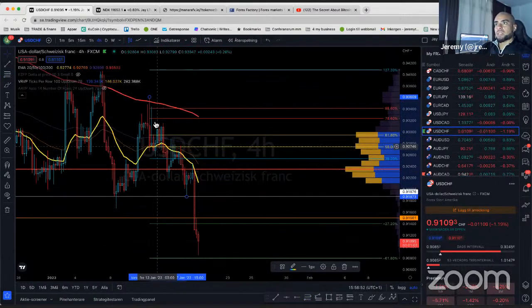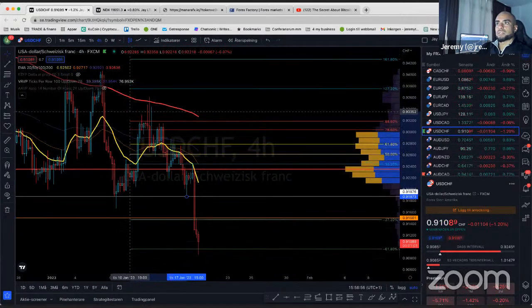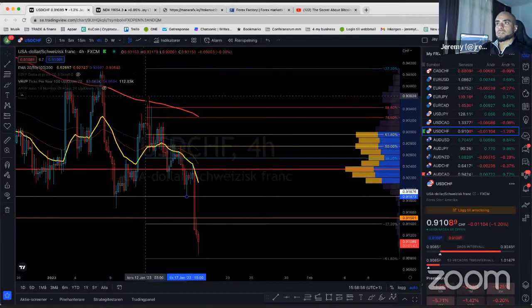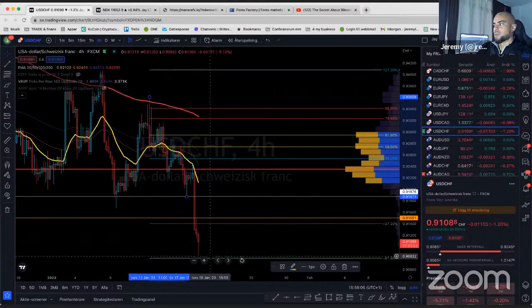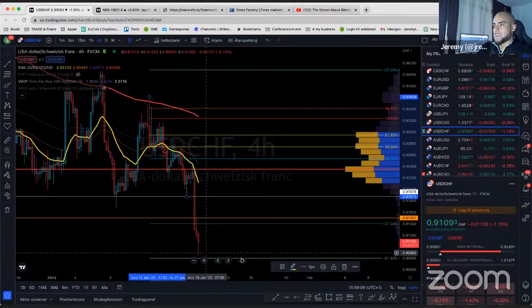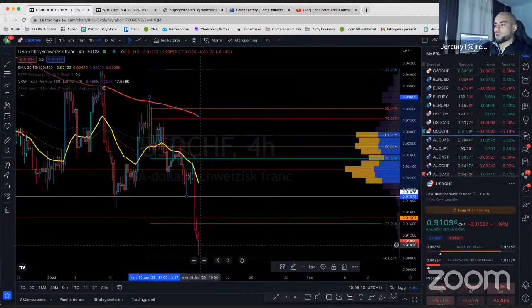And the market came and almost touched it. Now let's see if we look at this. This is the one. So in this case, I would actually want to enter the market from here if I'm entering a buy. But it can very much reverse right now.